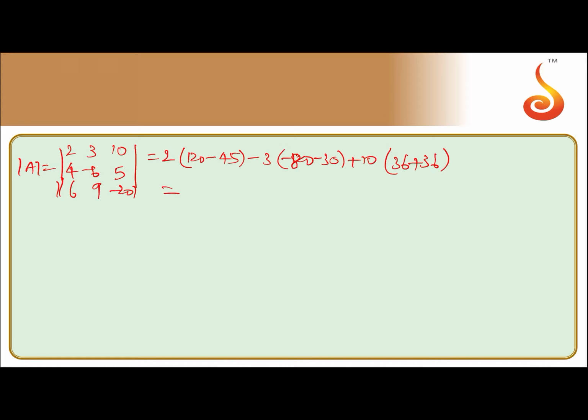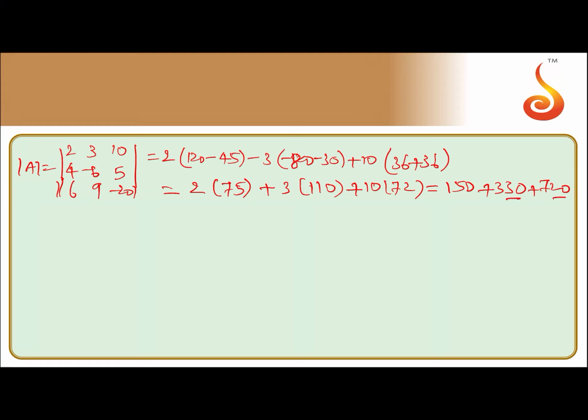That is equal to 2 multiplied by 75, plus 3 multiplied by 110, plus 10 multiplied by 72. This is 150 plus 330 plus 720.